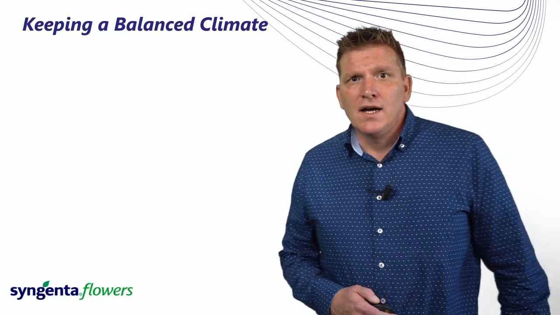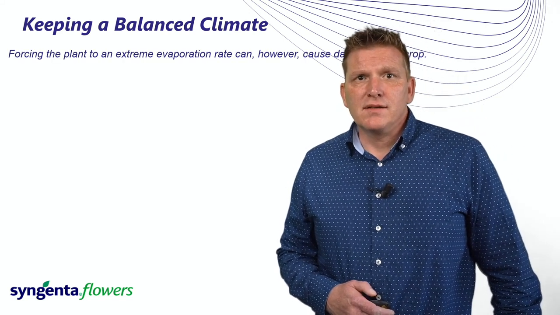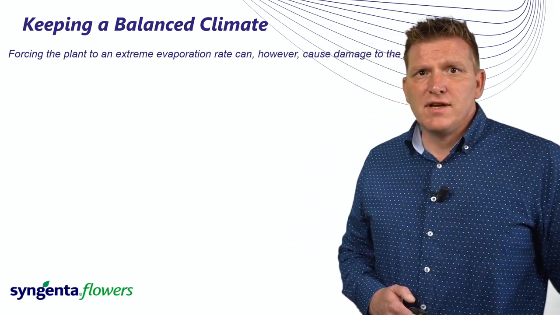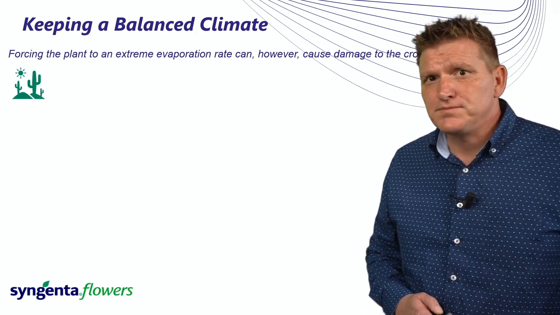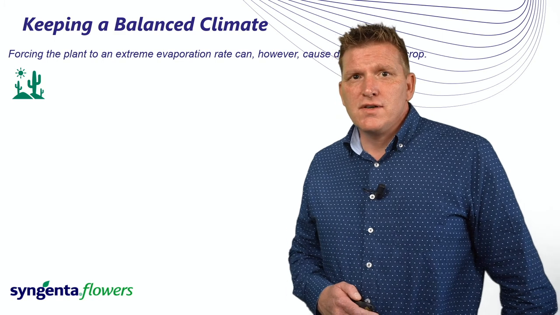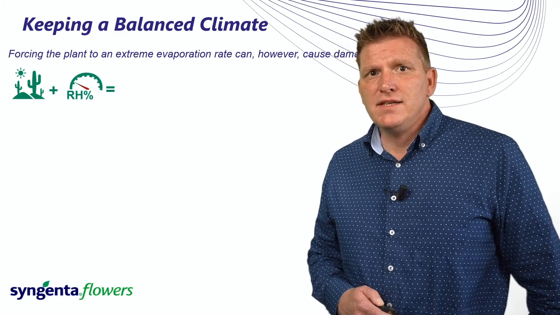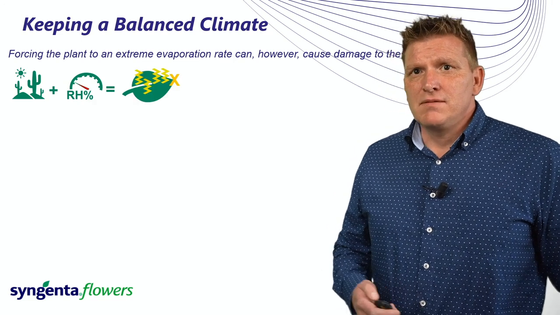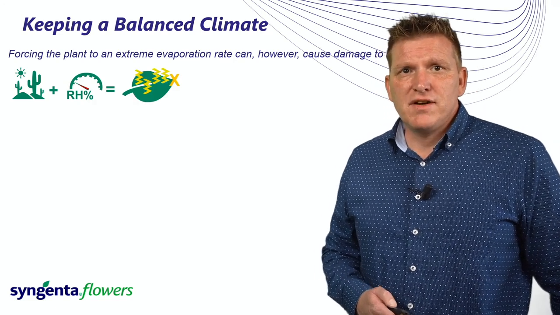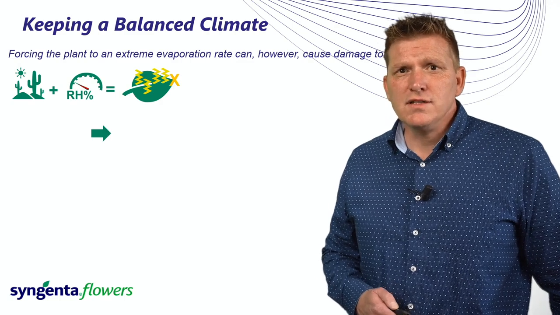So, keeping a balanced climate. Forcing the plant to extreme evaporation rates can cause damage to your crop. Extreme circumstances, so extreme heat in combination with low relative humidity, means extreme evaporation by your plants.